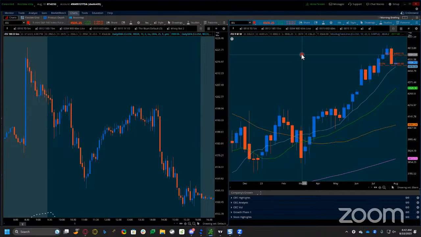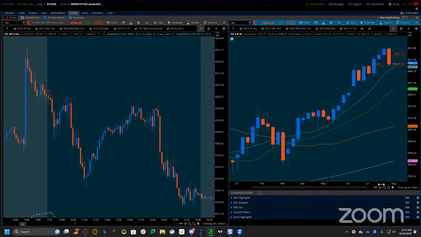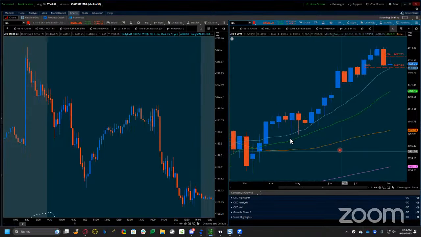So we are beginning to fail in this structure, but even price action alone continues to show that we've still got a higher low, and that hasn't changed yet.